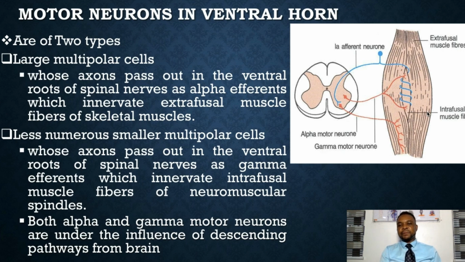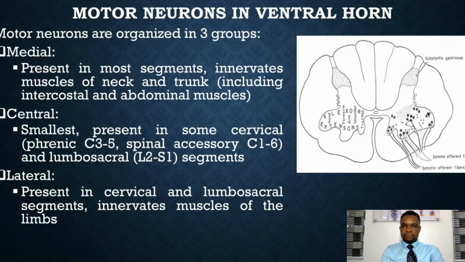Their axons pass out in the ventral roots as gamma efferents, which innervate intrafusal muscle fibers of the neuromuscular spindles. Both alpha and gamma motor neurons are under the influence of the descending pathways or descending tracts from the brain.